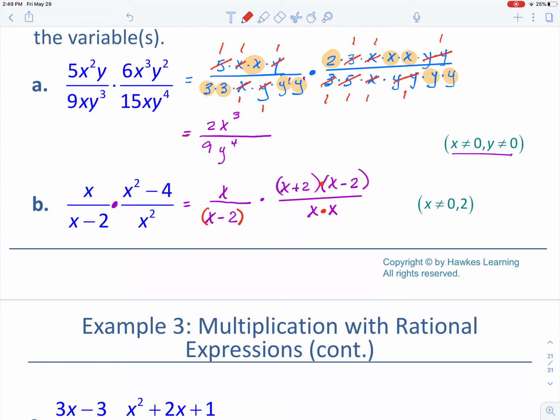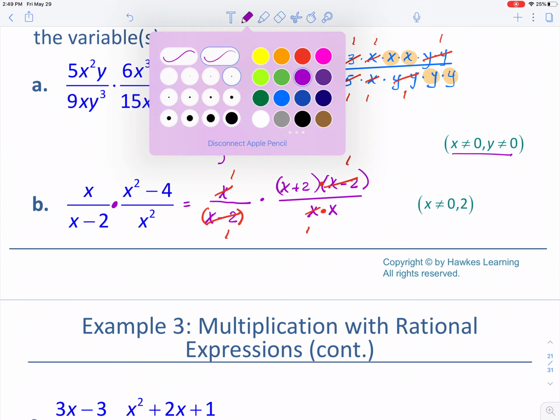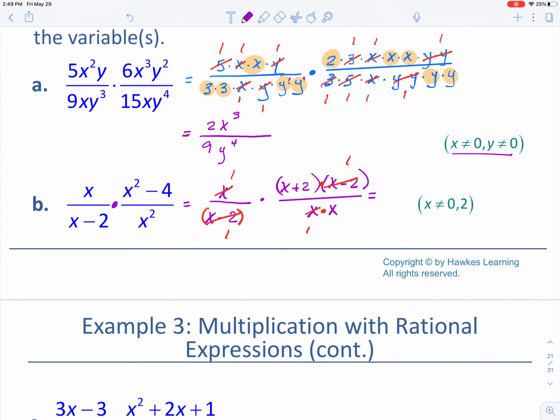So I'm going to cancel out that x minus 2, and I'm going to take one of these x factors out of there. It looks like my final answer is 1 times x plus 2 times 1 on the top, and 1 times x on the bottom, and that's where you're going to stop.